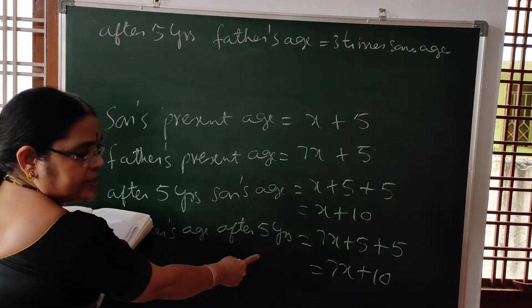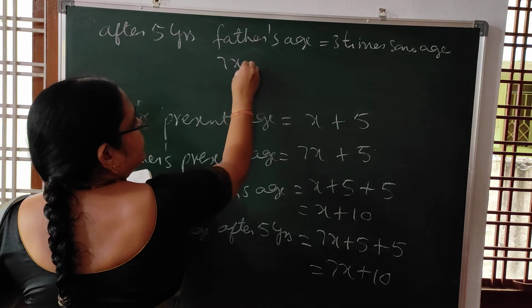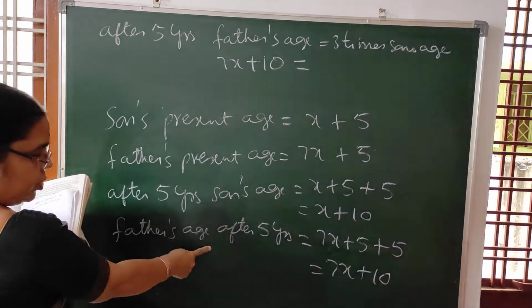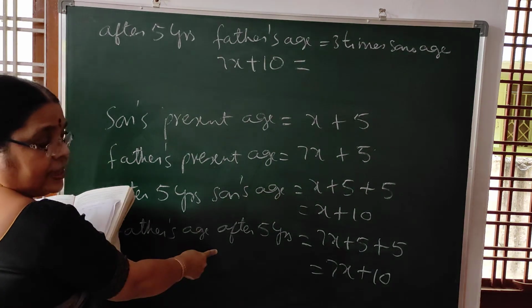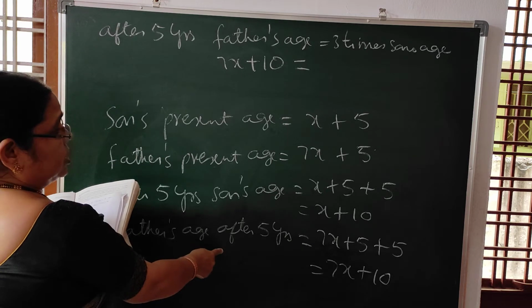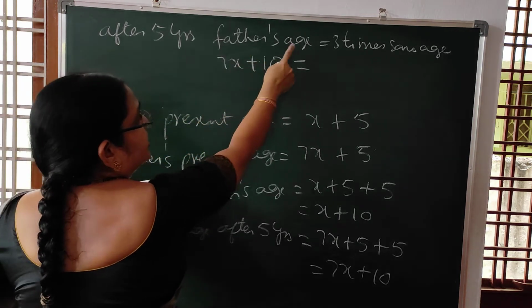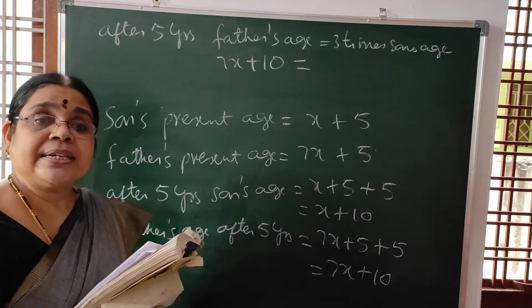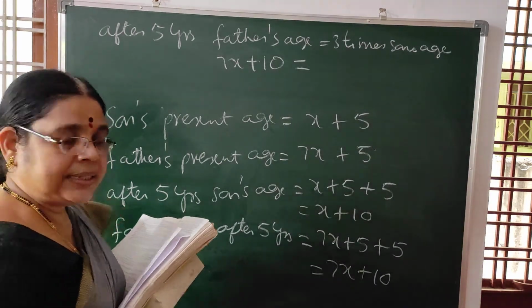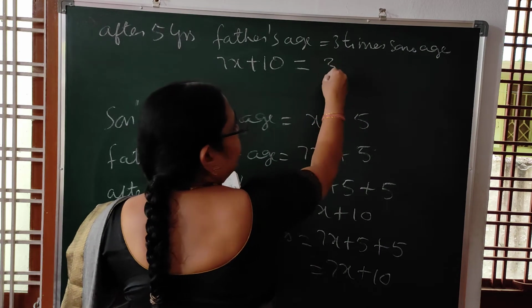After 5 years, father's age is what? 7x plus 10 years. So this is the age of the father after 5 years. According to the question, after 5 years the father will be 3 times his son's age.